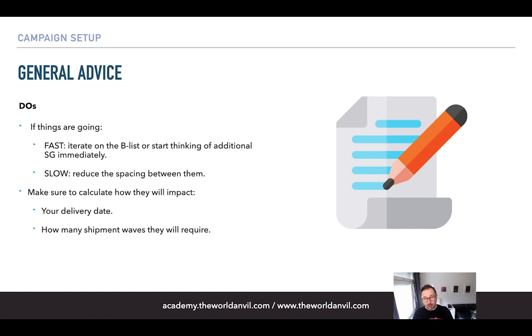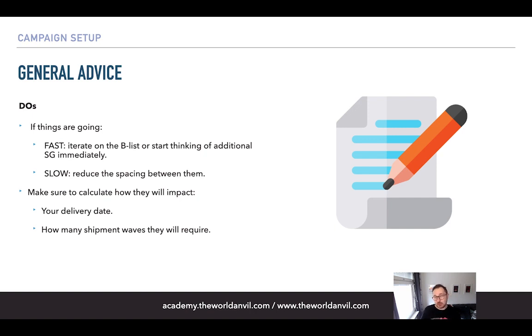Just make sure when you're planning this stuff, how they will impact your delivery date. If you're planning something that is going to add 6 months to your delivery date, that's not a good stretch goal because you cannot even change the proposed delivery date once the campaign is launched. And if it blows up too much, if it becomes like 1 year longer than expected, people will complain.